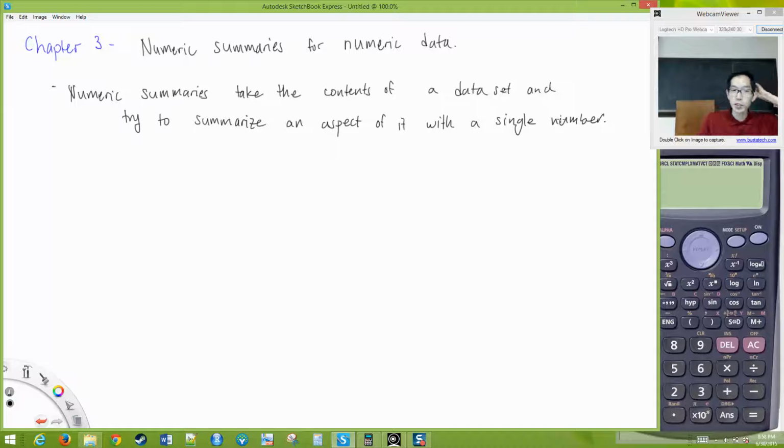Numeric summaries take the contents of a data set and try to summarize an aspect of it with a single number.